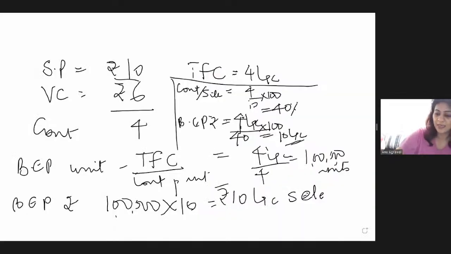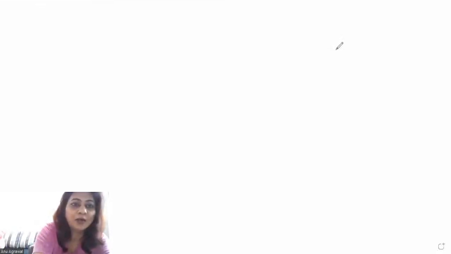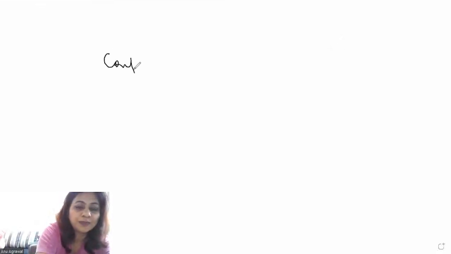Okay, so we are back again after a short break. And all my lovely students have understood this concept of marginal costing. So till now, if we summarize what we have studied, we have understood the concept of contribution per unit.